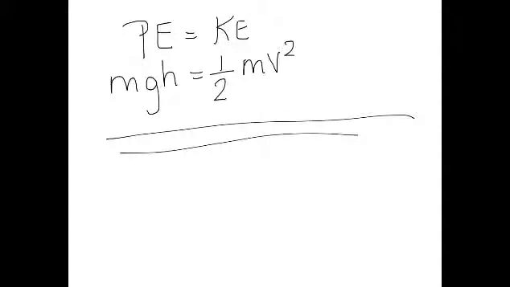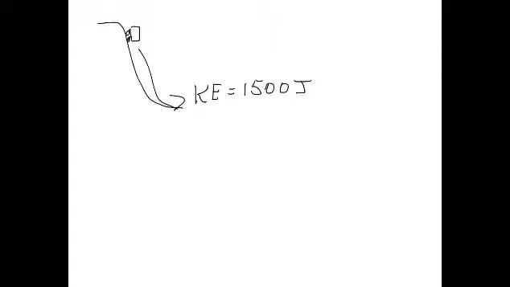For example, what if we have a cart coming down off the hill, and we know at the bottom of the hill it has a kinetic energy of 1,500 joules. And we know the mass of the cart. Let's say the mass is 2 kilograms. Well, how high is this hill?